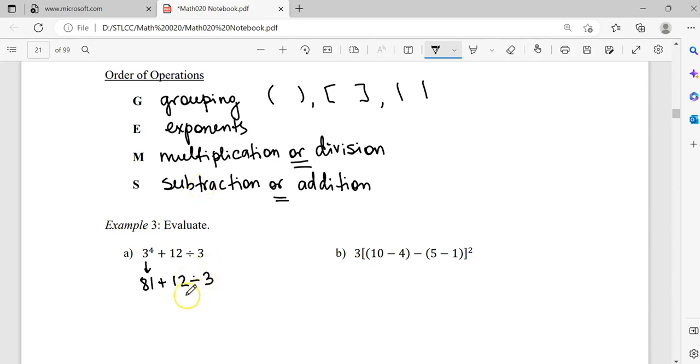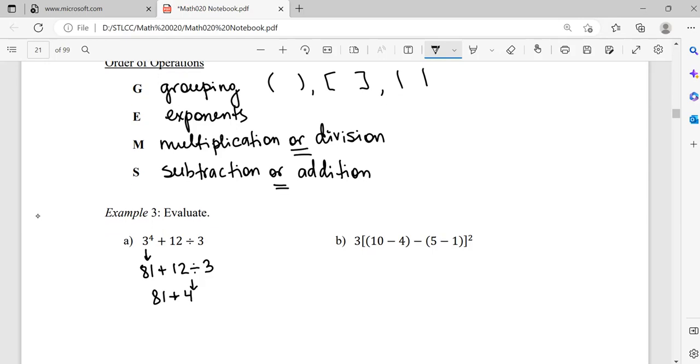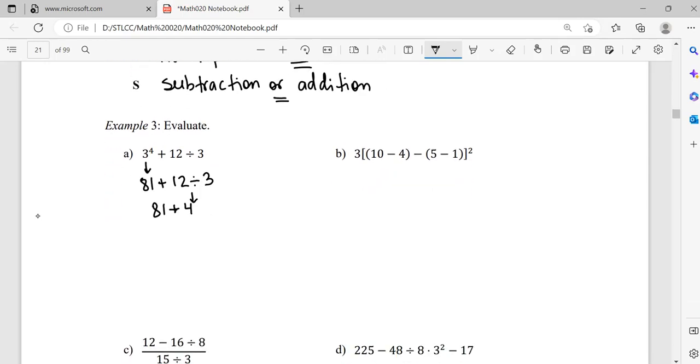So the next part I'm going to do is 12 divided by 3. So I have 81 plus, and then 12 divided by 3 is 4. And then in the last step, I only have one operation, which is 81 plus 4. So I can go ahead and do that, and that would be 85. And that is our official answer for this problem.